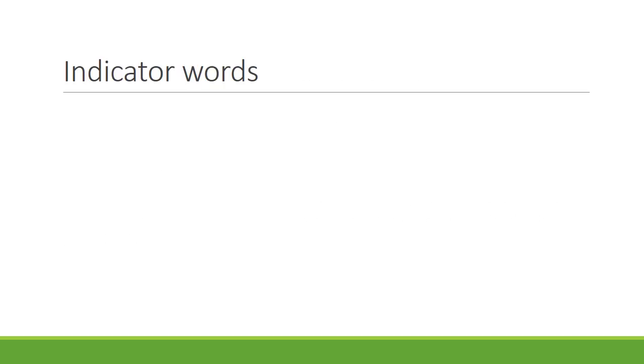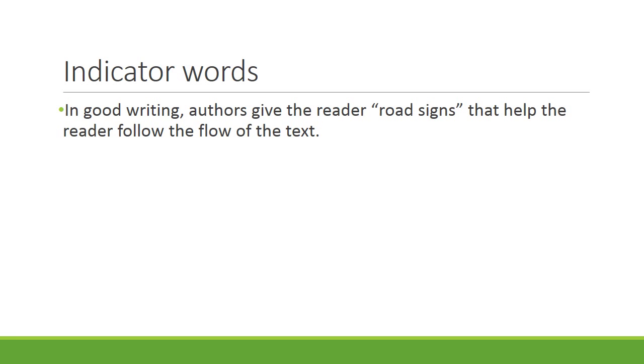Trying to determine what the author's reasons or conclusions are in an argument, we can look for indicator words. Any time an author writes, he or she will try to give you some sense of the structure of the text by giving road signs like transitional sentences to show how one paragraph links to another.